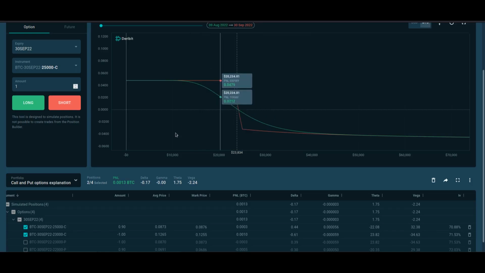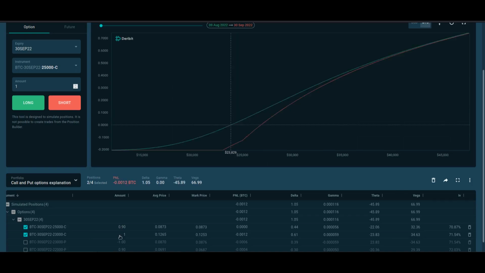But we can also use a sold spread, because we sell options with a high price, and we can reverse this position, and for example buy this one and sell this one.